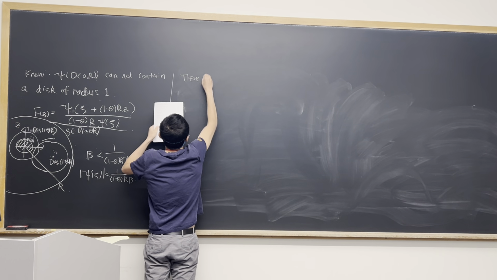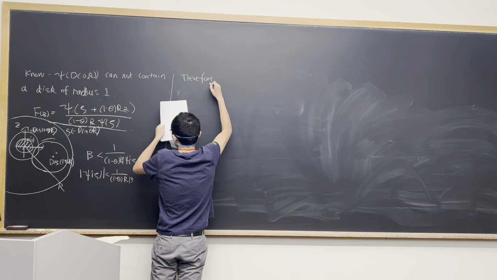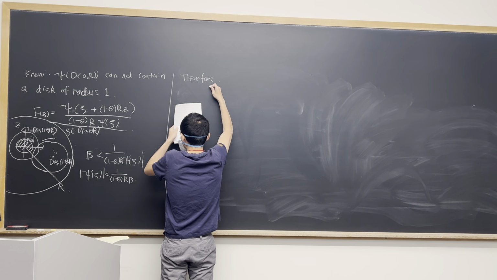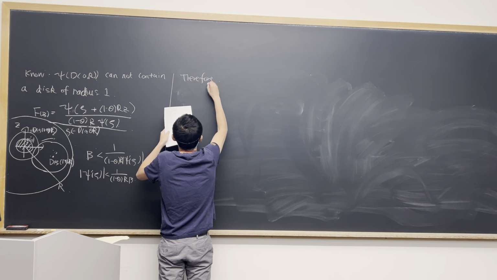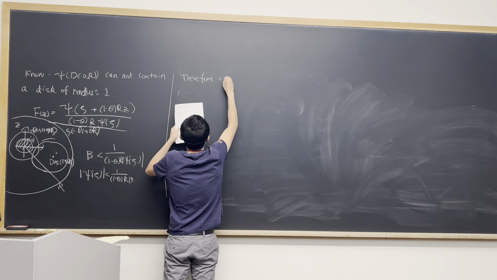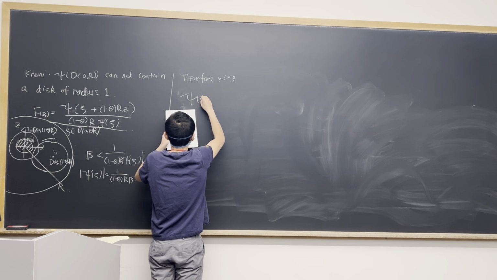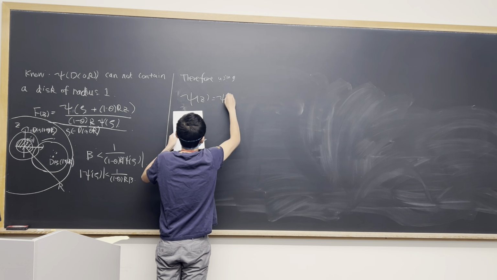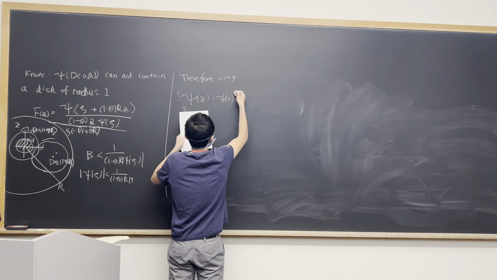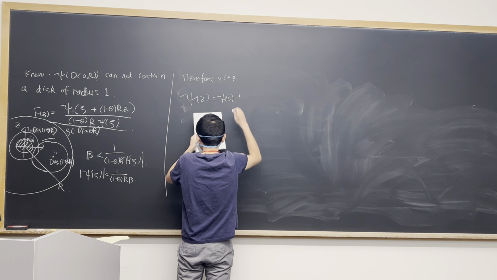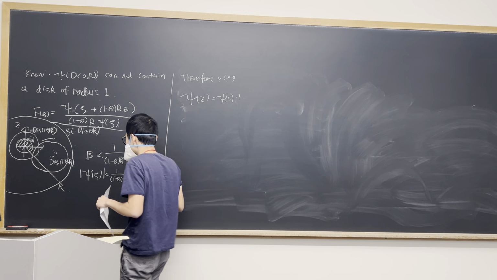Therefore, again, using this identity, the point is that we want to have an upper bound for this psi, right?